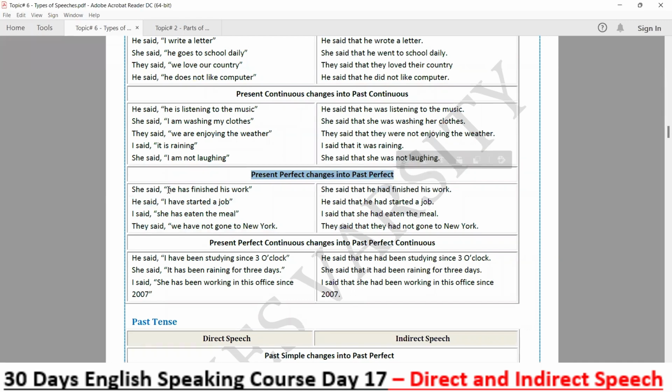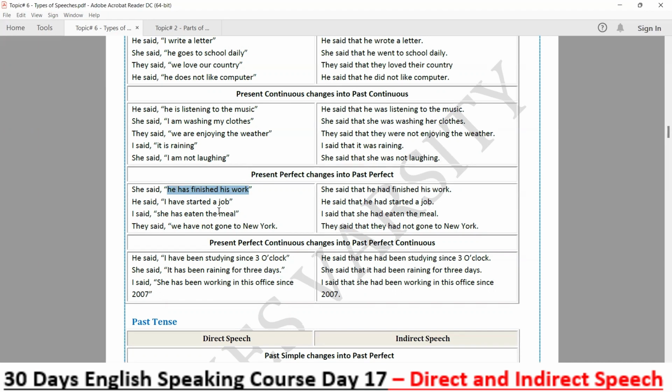As you can see, the direct speech is in the present perfect. She said, he has finished his work. Then in indirect speech, since it is present perfect tense, here it is changed to past perfect. She said that she had finished his work.